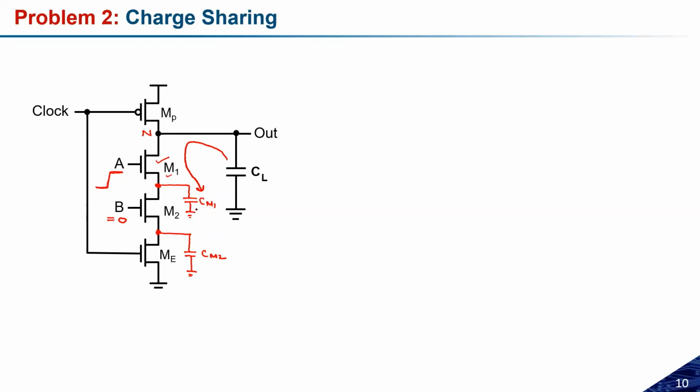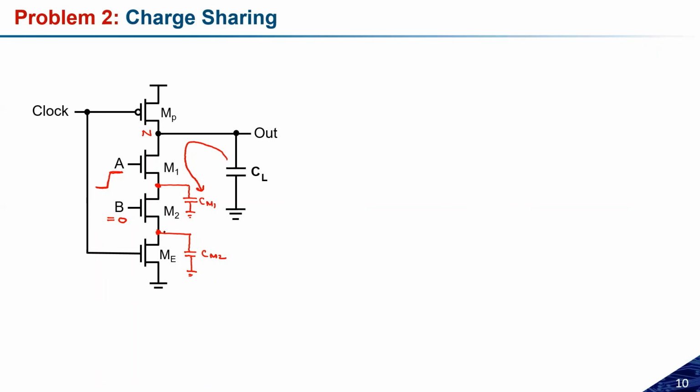Let me repeat again what I am saying. Let us consider input B is equal to 0 and I am changing input A from low to high. There will always be a load capacitance, or capacitances between the two transistors at each node. So let us assume there is a capacitor CM1 between transistors M1 and M2, and there is capacitor CM2 between M2 and ME.